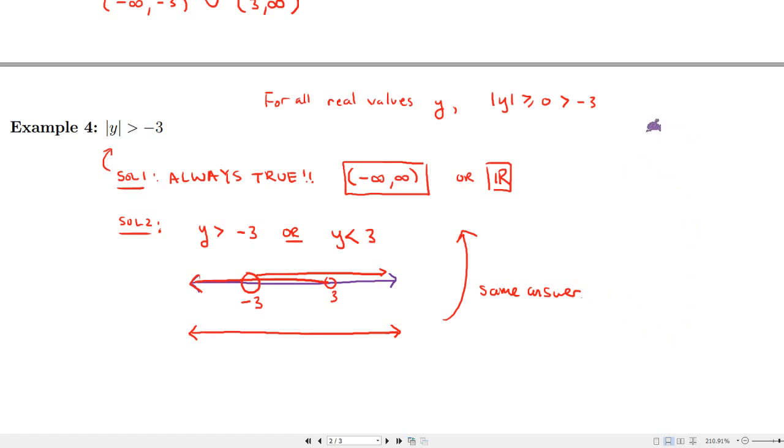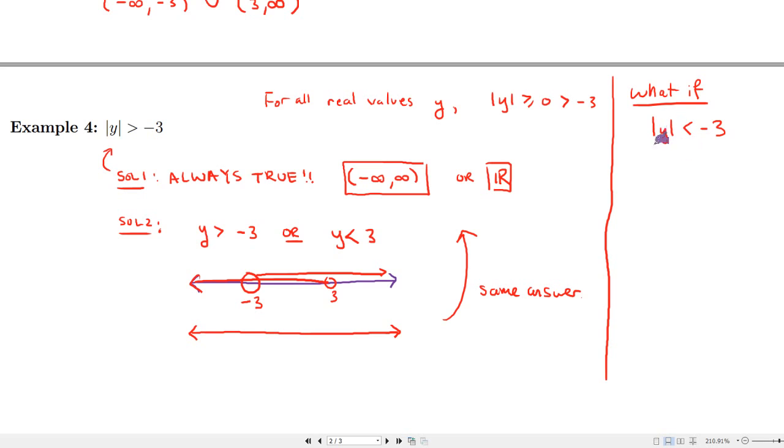As a side exercise, what if the absolute value of y was, let's say that it was less than negative 3. Well, do you see that that's a problem? Because the absolute value of y is greater than or equal to 0. So there is no way that could possibly happen, right?